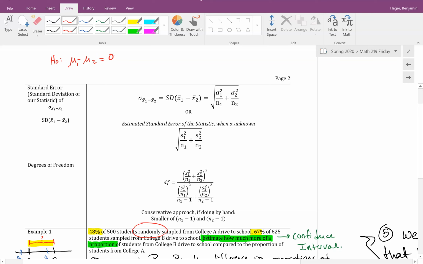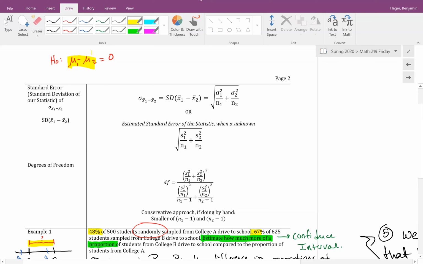Either when I'm doing an interval and building my margin of error, I need to know what the standard deviation looks like so I can incorporate it into the margin of error. Or if I'm doing a hypothesis test like I have here, I would need to know the standard deviation of this when it comes time to find my test statistic, my t-statistic, and then next would be the p-value. So we've got to know the standard deviation of this difference, the difference between two means.